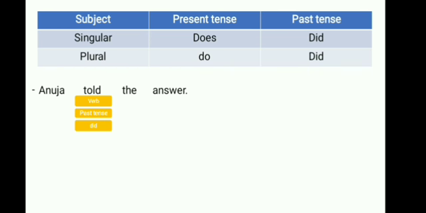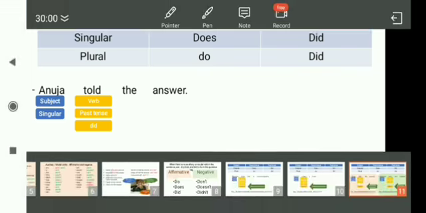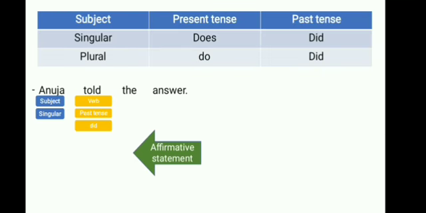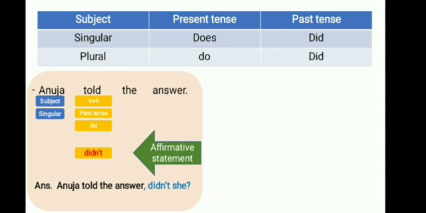So we are going to make use of did. But still let's have a look at the subject. It's Anuja, which is singular. It's a proper noun, right? And as the sentence is affirmative here, my tag verb will be didn't, right? So the answer would be: Anuja told the answer, didn't she?